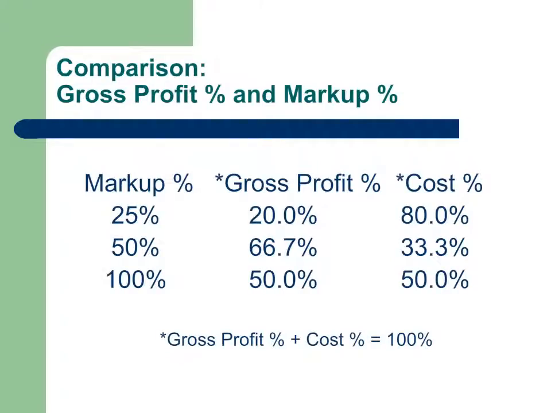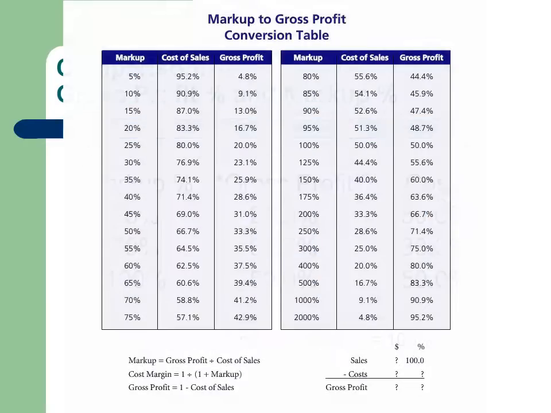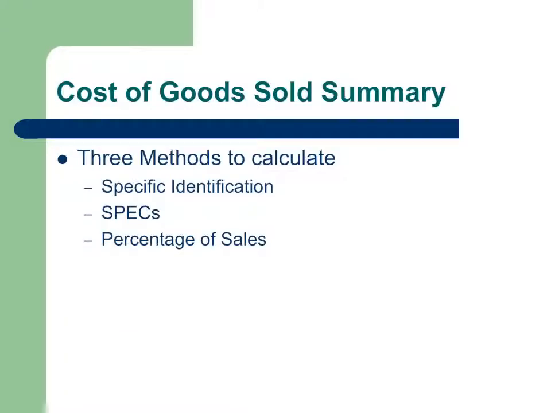A markup of 100% always equals a gross profit margin of 50.0% and a cost of sales of 50.0%, and so on and so on. These gross profit percentages and relationships are best seen by reviewing the markup to gross profit conversion table in your manual.